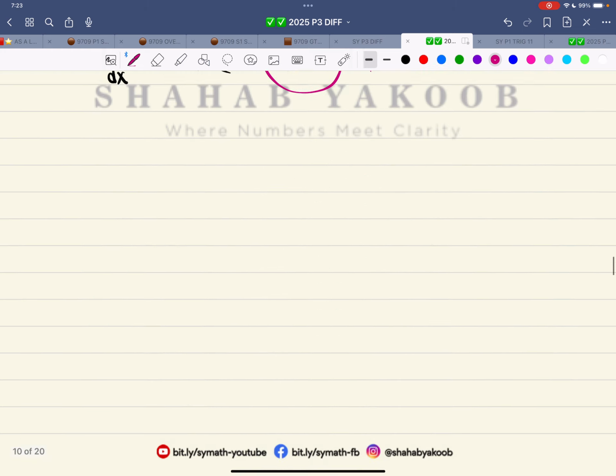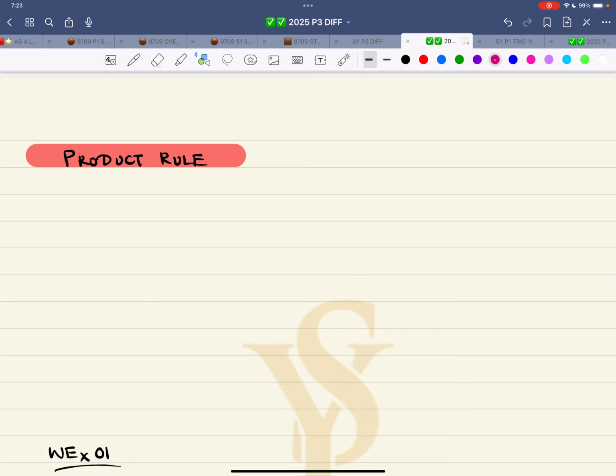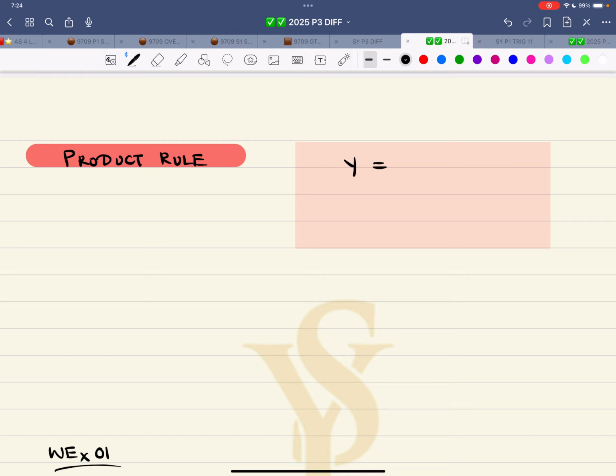Now in this particular video, what I'll be focusing on is the product rule. Let me draw a box over here, and this box has this rule written in it. The rule says y equals u into v, where u is a function of x and v is a function of x.